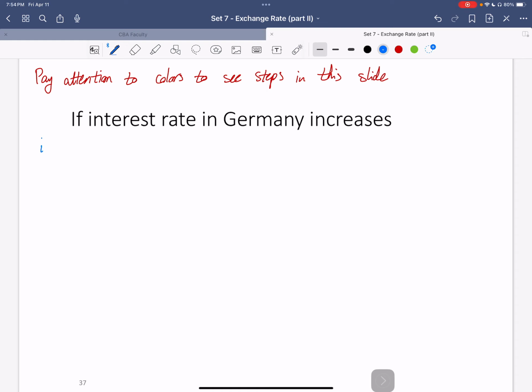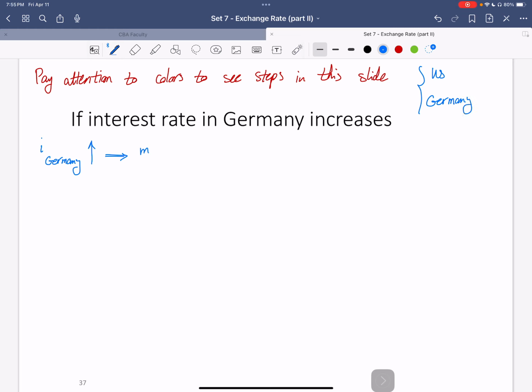Okay, let's say the interest rate in Germany increases. It means that Germany is going to be more attractive for people across the globe. Let's, for simplicity, again assume that there are only two countries, let's say US and Germany.